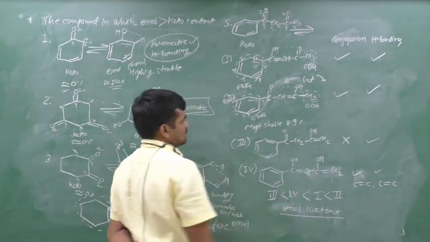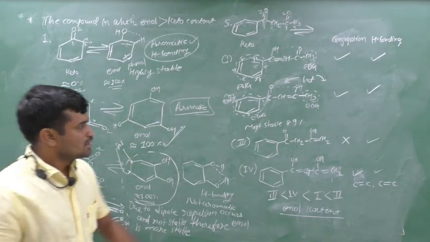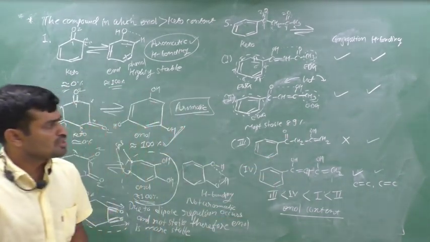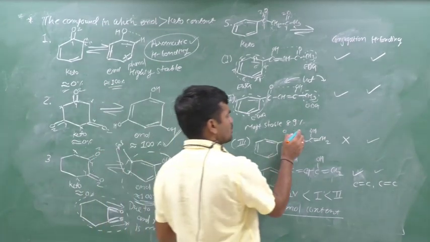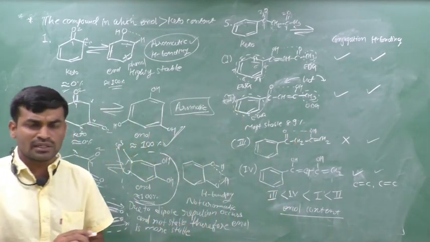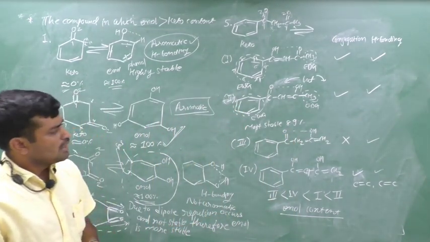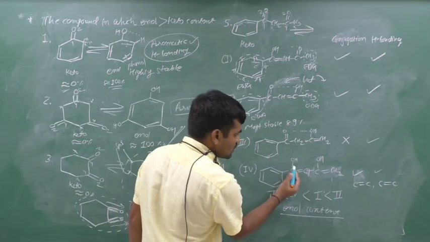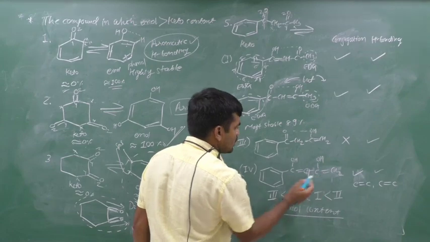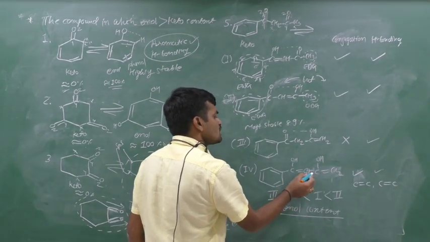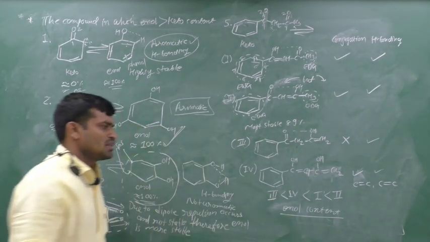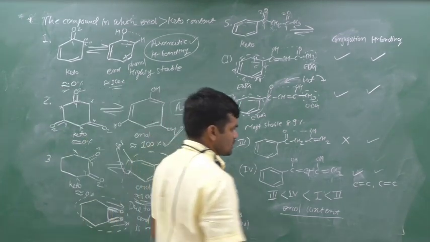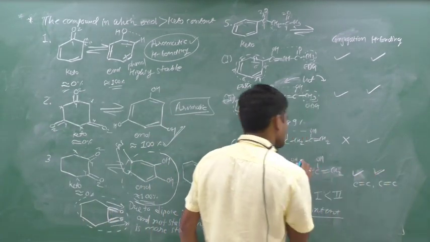Double single conjugation is broken, but the possibility of hydrogen bonding is there. And in the last case, single, double or lone pair, single double. Therefore we can say that this compound has a conjugation and hydrogen bonding also.